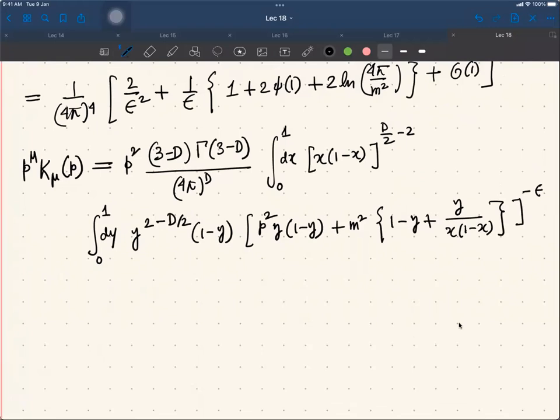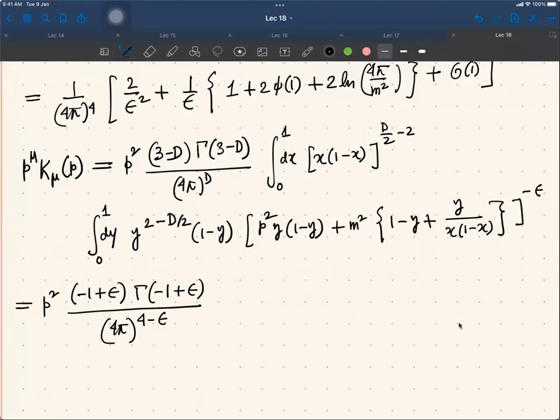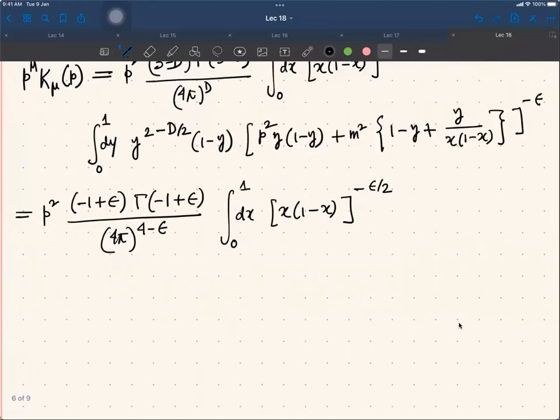If you now write it in terms of epsilon, that will become P square to the power minus 1 plus epsilon, gamma of minus 1 plus epsilon, by 4 pi to the power 4 minus epsilon, times integral dx from 0 to 1 is 1 minus x to the power minus epsilon by 2, integral dy from 0 to 1 is 1 minus x.